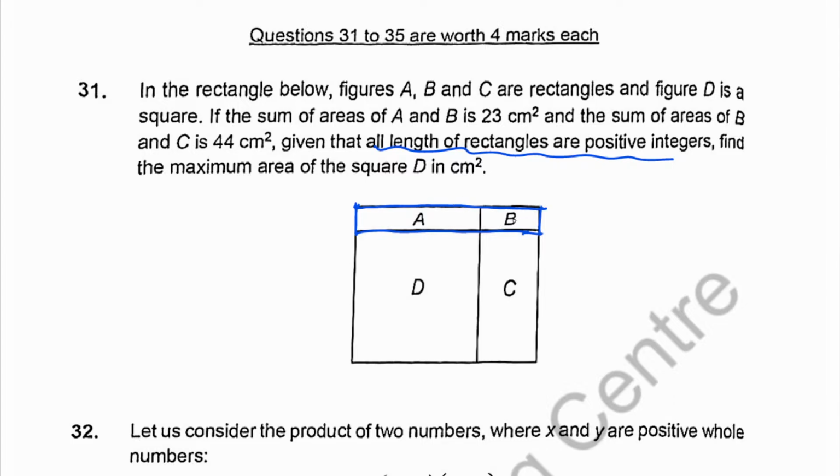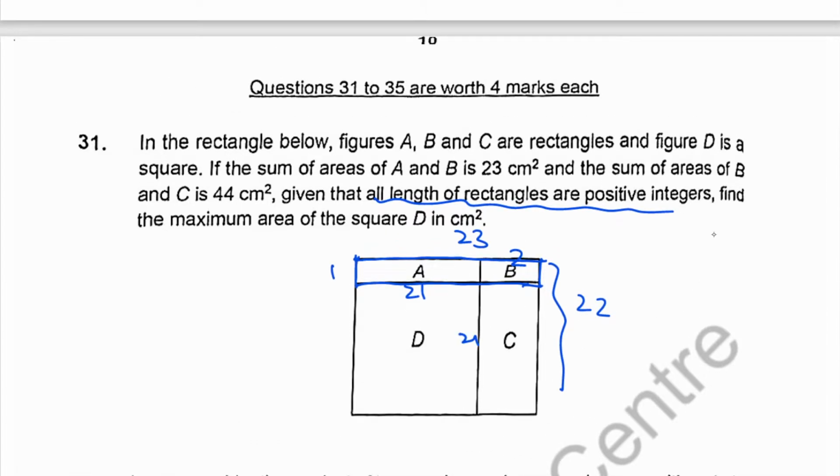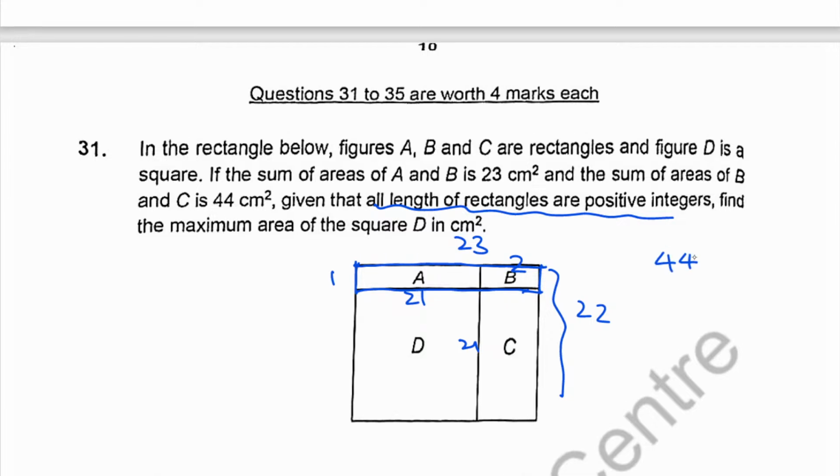So if this is 2 and, oh no, I think they do mean 23. Like all the length and the width. Then this is 2 by 22, I think. So in the end, D will be 21 by 21. So 21 squared is 441.